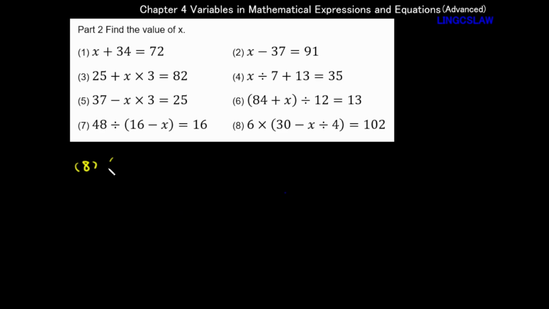And number 8, 6 times 30 minus x divided by 4 equals 102.